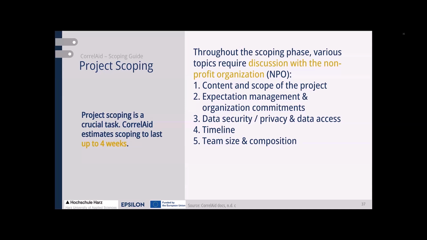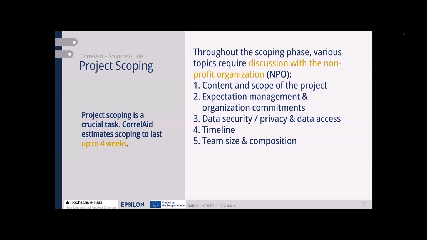And throughout the scoping phase, you have to discuss several issues with a nonprofit organization. The first thing is you have to discuss the project content and scope together with the nonprofit organization so that the expectations from both sides are clear.